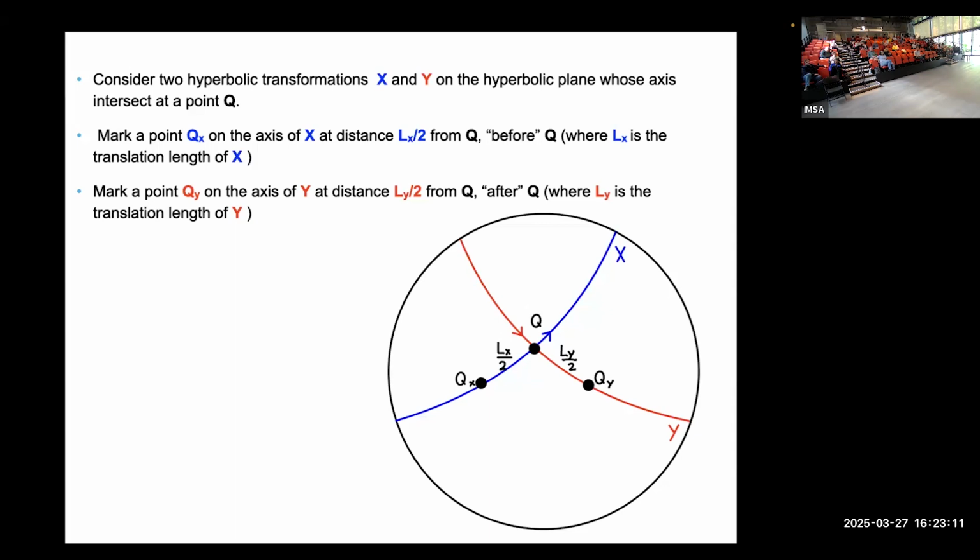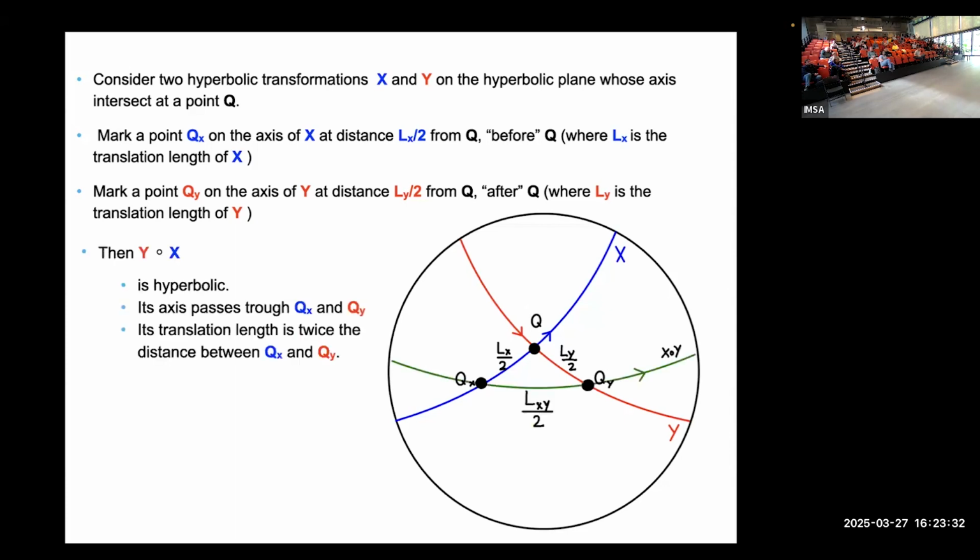And on the axis of Y, the red curve, I put a point half the translation length of Y away, but in the forward direction. Right now, I'm just taking the product of two hyperbolic transformations of the Poincaré disk, and ta-da!